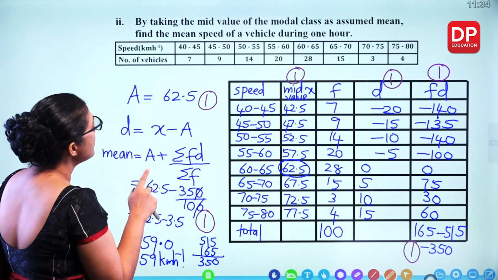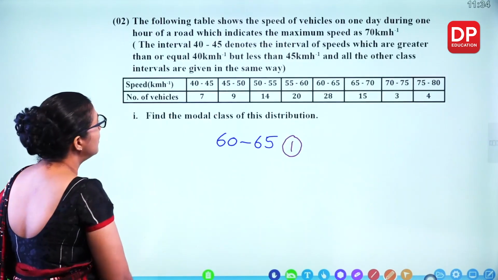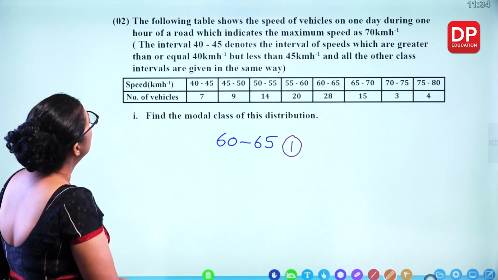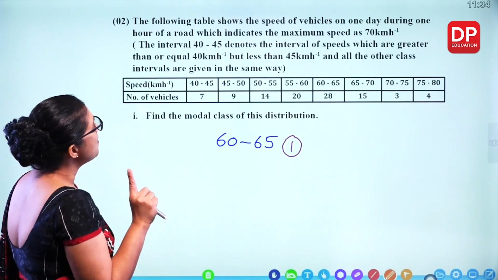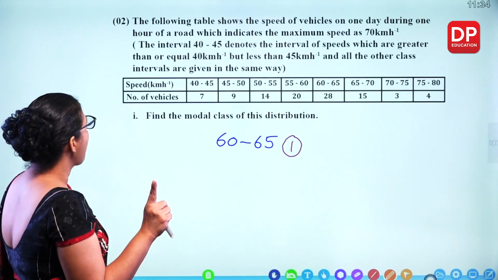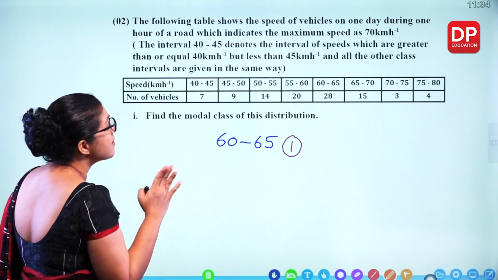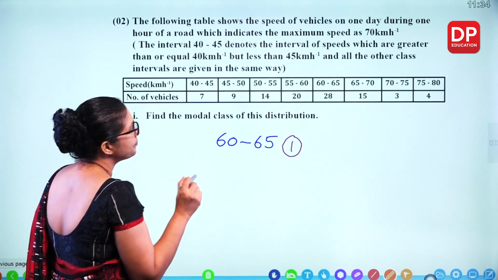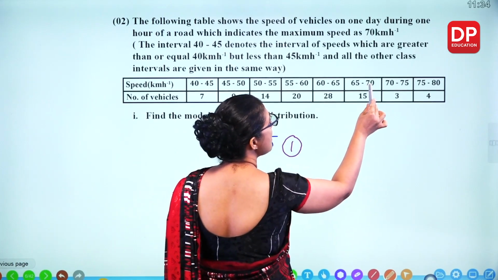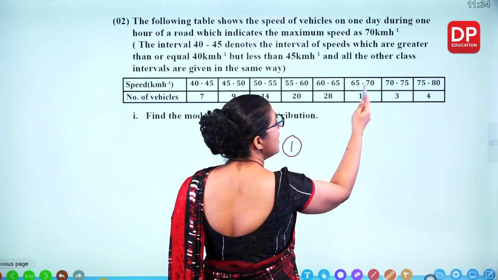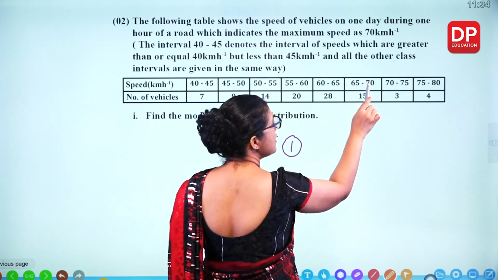In the first part, it was there. The maximum speed is 70. Now we can find out how many vehicles exceeded 70. This is 70, less than 70, not 70 included.